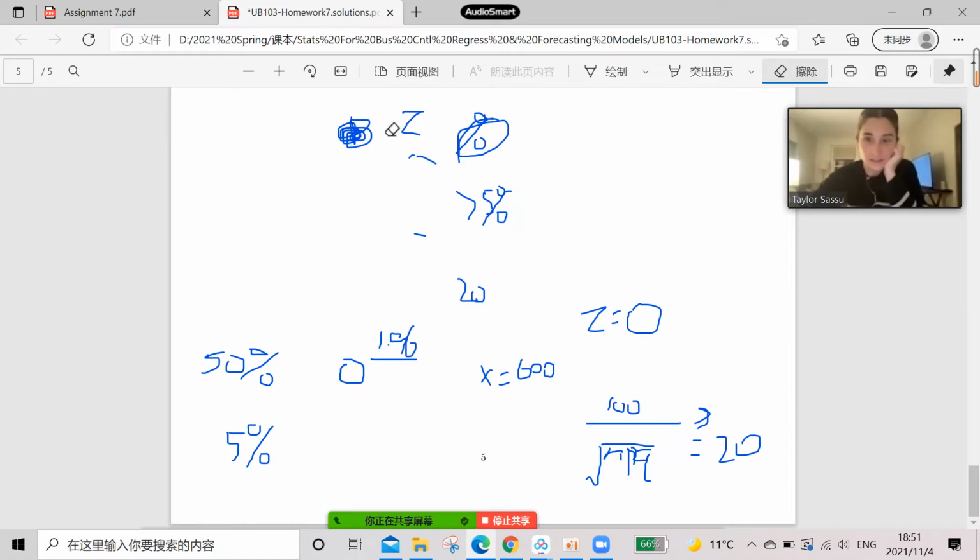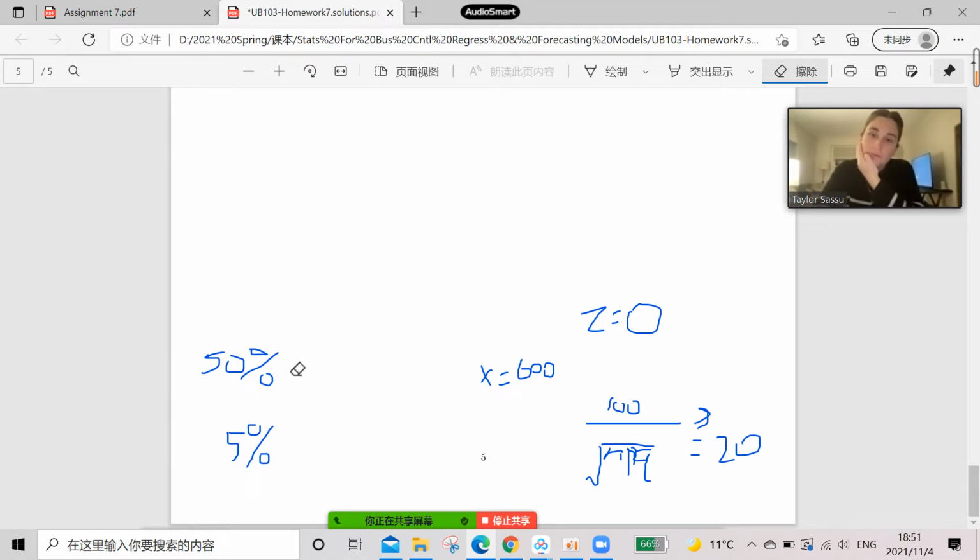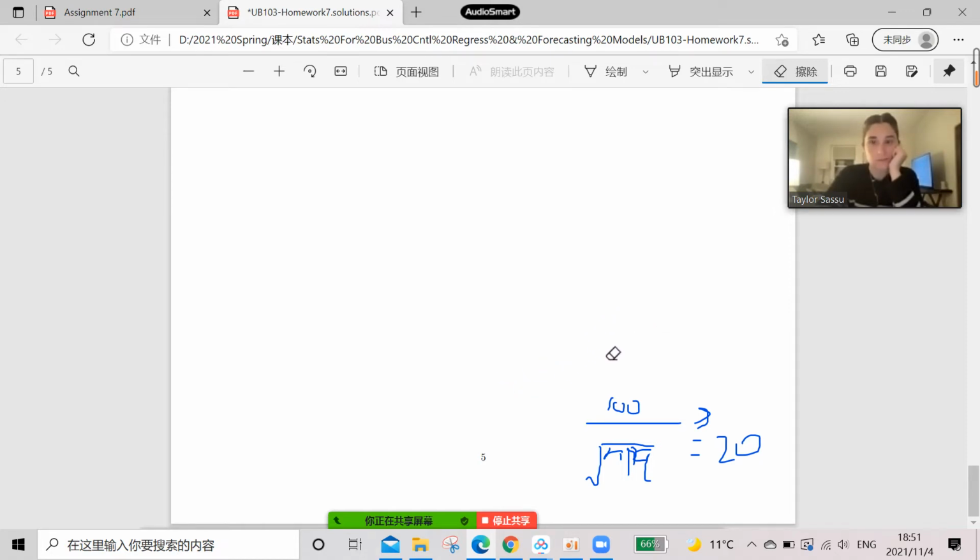Yeah, it's true. Basically, intuitively, the reason we reject the null hypothesis is that the probability of the null hypothesis being true is too small, right? That's why we reject it.